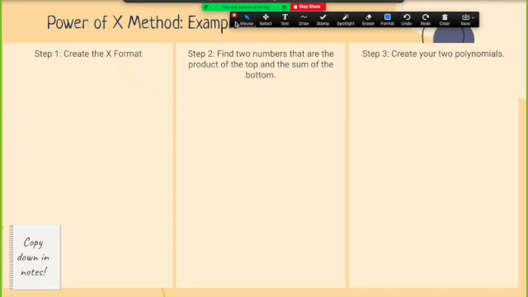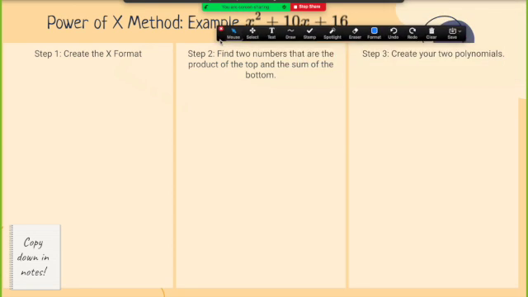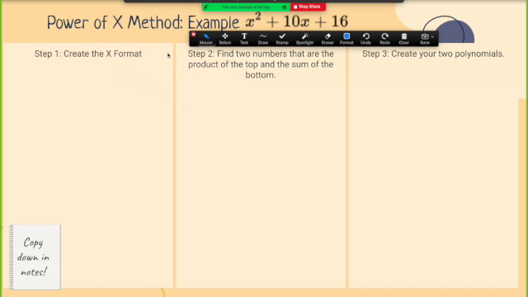Now, I will explain the multiplying and adding later on, but for now, let's just try an example out. The example here is asking you to factor x to the power 2 plus 10x plus 16. Now, this one definitely has the ax squared plus bx plus c format. So I'm going to start off by finding out what my a is, what my b is, and what my c is. So we have here x to the power 2 plus 10x plus 16.